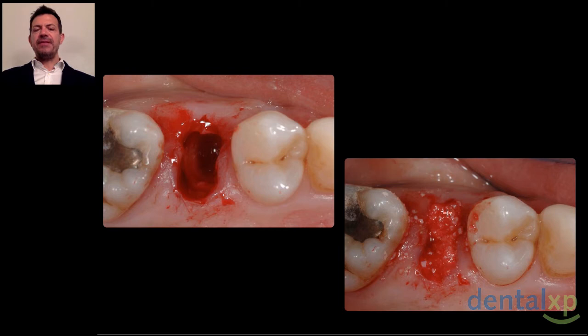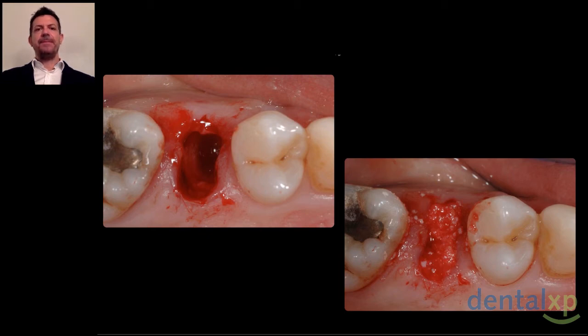This is a bovine bone mineral that is blended with 10% collagen of porcine origin. So it is like a mix between bovine bone granules and collagen blended together in order to improve the handling of this biomaterial.